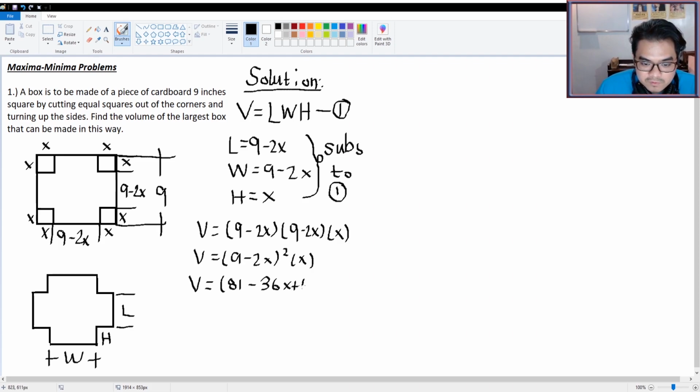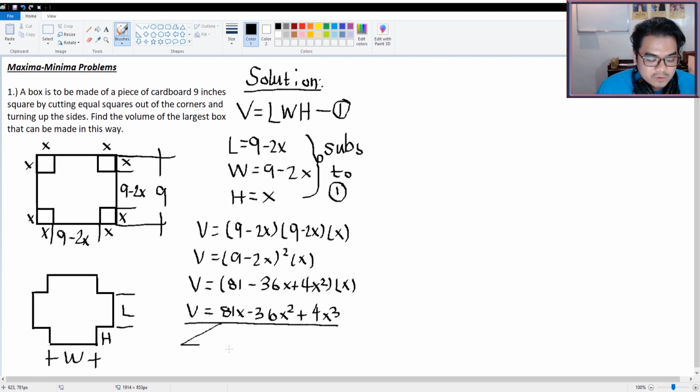Even though the 2x is negative, since it is squared, it will be positive. We still have x outside, so distributing x, you'll have 81x minus 36x squared plus 4x cubed.